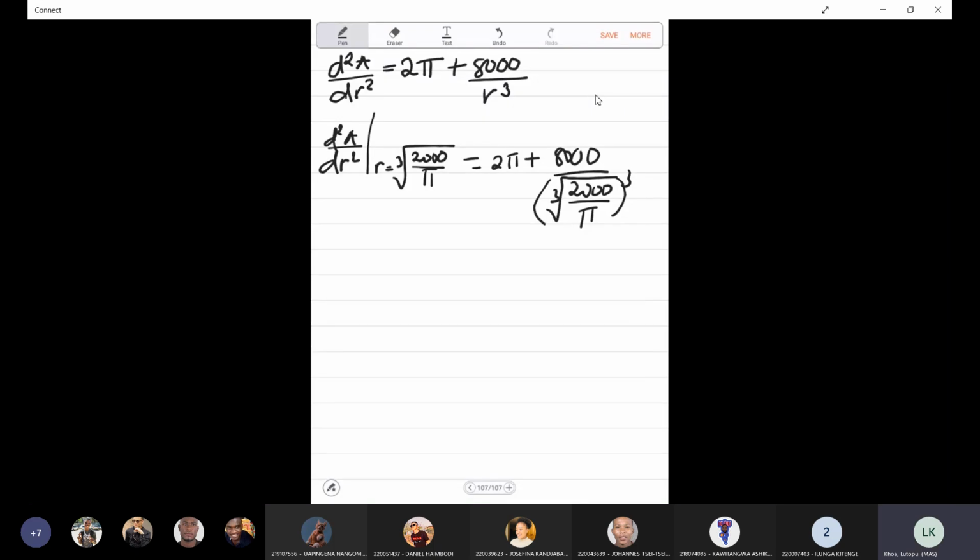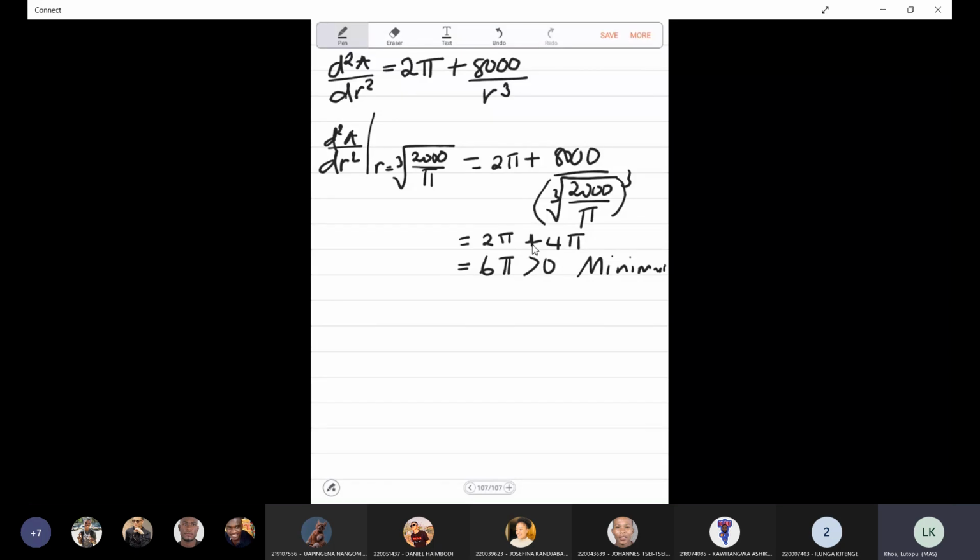We have 8000 divided by 2 is 4, oh no, it's 4 pi, so 4 pi plus 2 pi is 6 pi. So this is 2 pi plus 4 pi, which is 6 pi. And this is positive, and when our second derivative is positive, we know that we have a minimum.